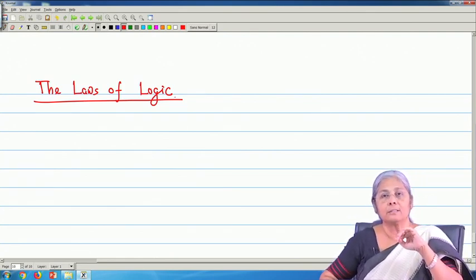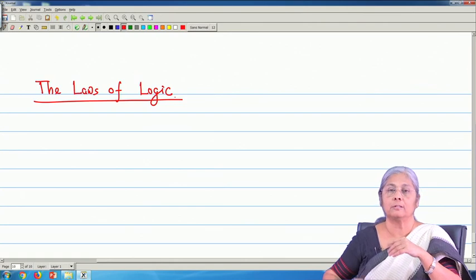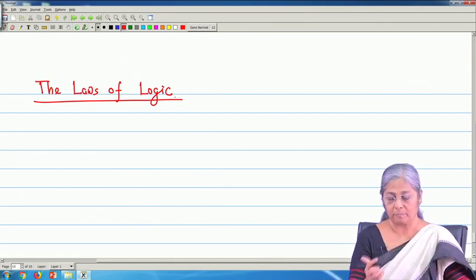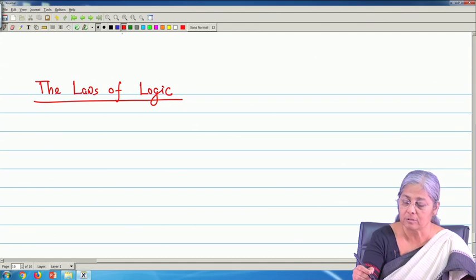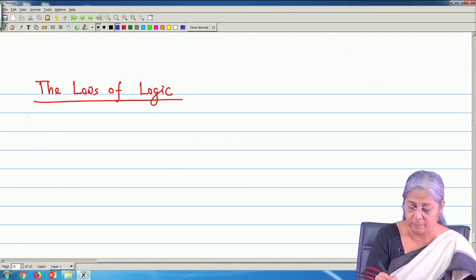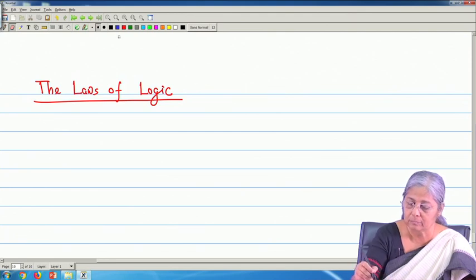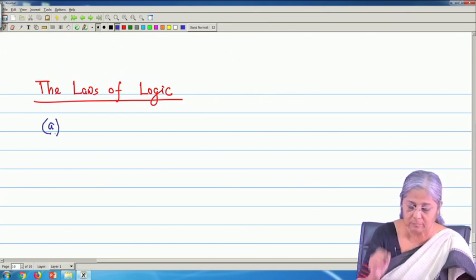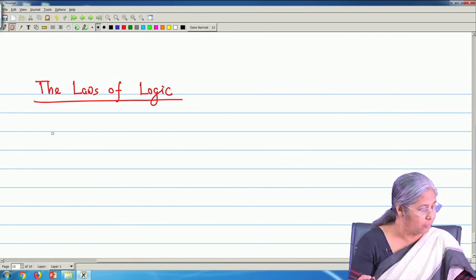Now, we will see that there are many other similar laws that we can apply on compound propositions and the primitive statements that make these compound propositions. So, first we tabulate these laws.